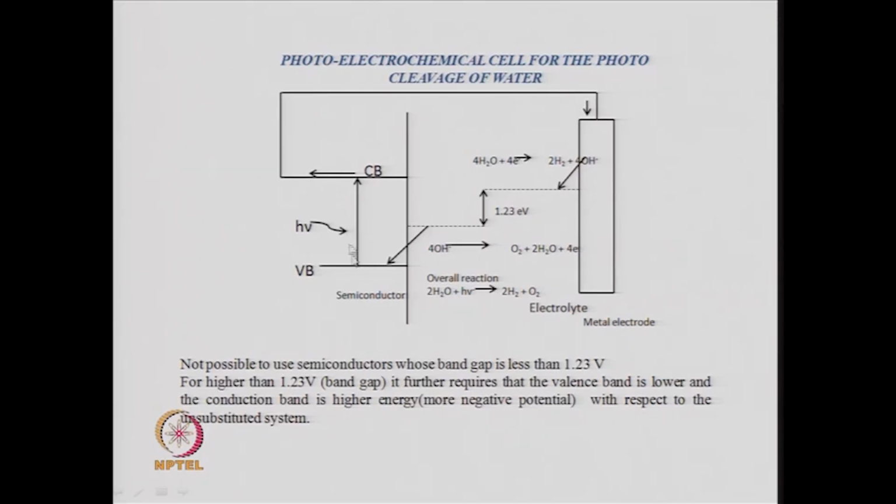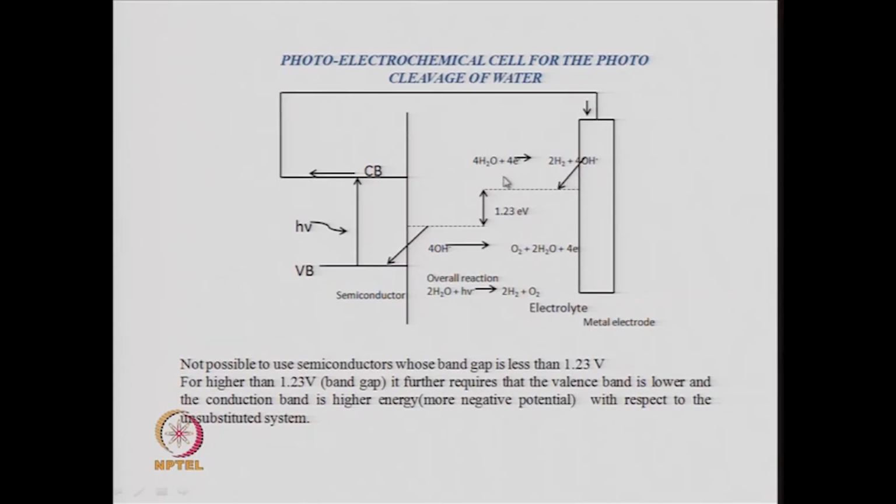This is the same reaction shown in a different way, where this is a semiconductor and you shine light, this is a valence band, this is a conduction band, and this is the other electrode which is normally the metal electrode. This is a semiconductor like titanium dioxide or any semiconductor which has an appropriate band gap, that means more than 1.23 electron volt, and also the band edges, that is the conduction band edge and the valence band edge, should be in such a manner that electrons can be transferred to the conduction band of the H2, the water and H plus couple.